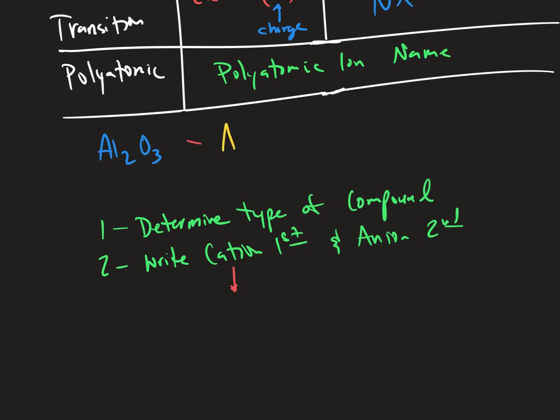So this is aluminum. Is this a transition metal? No. So we're just going to call the cation by its element name, aluminum. And then the anion second. What's this anion called?